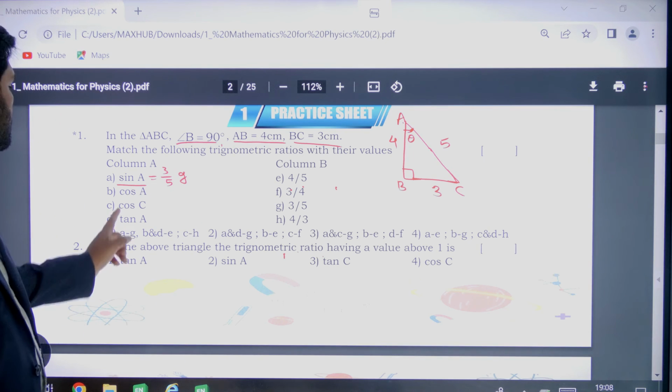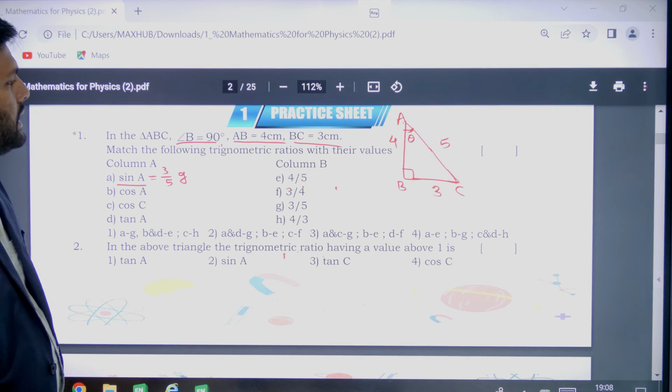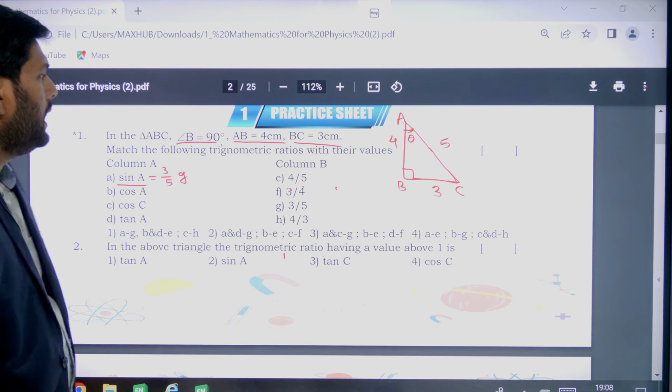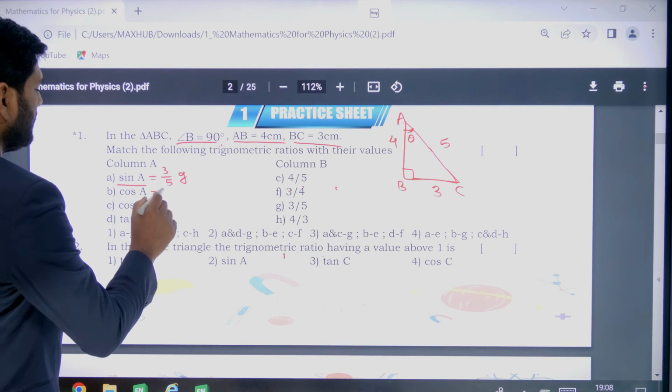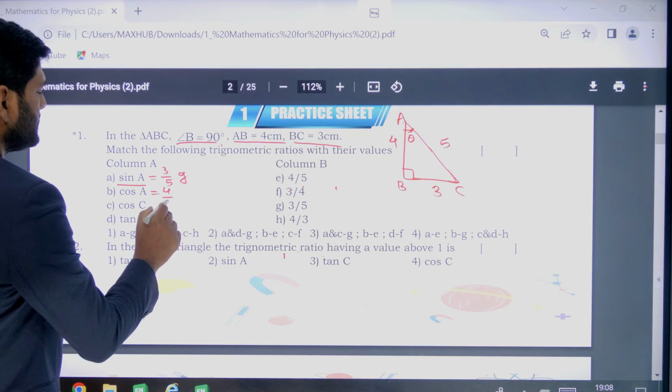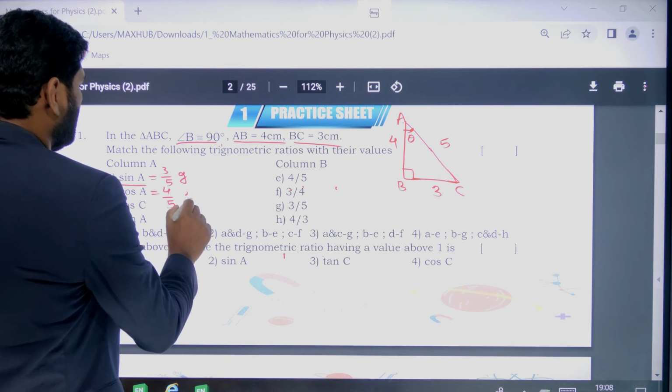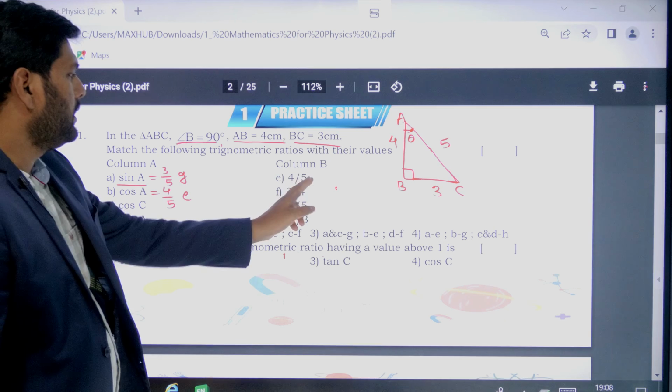Similar way, cos A. When you are taking cos A, it is adjacent side by hypotenuse. Adjacent side is 4, hypotenuse is 5. So option E you will get.